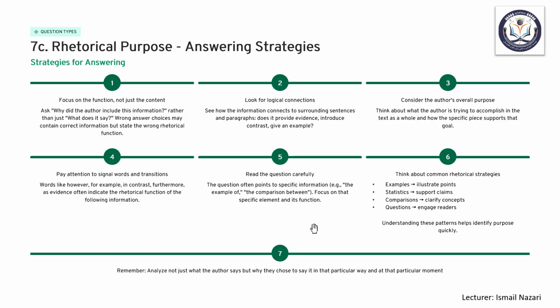It's to illustrate. Statistics, comparisons, questions. And finally, we should not look only at the content. We should always focus on the reason behind stating a specific idea. So overall, we call it the ways to answer rhetorical purpose questions.